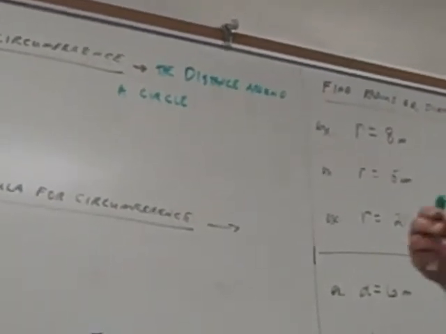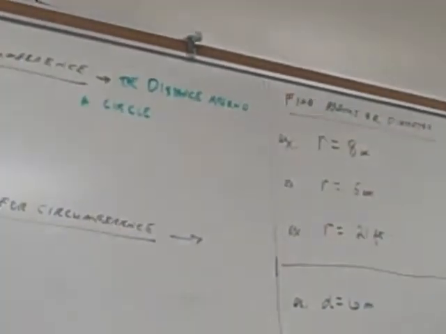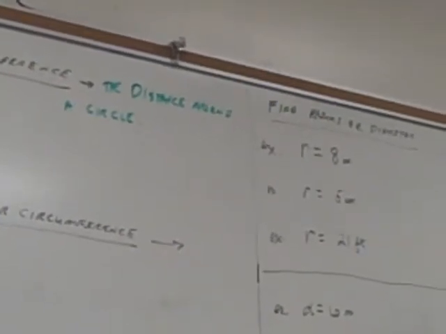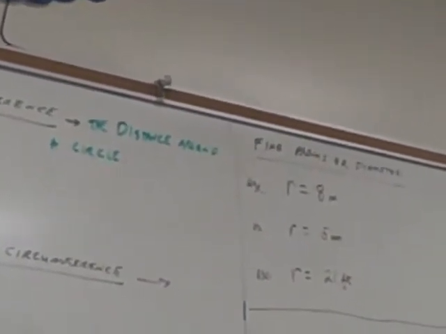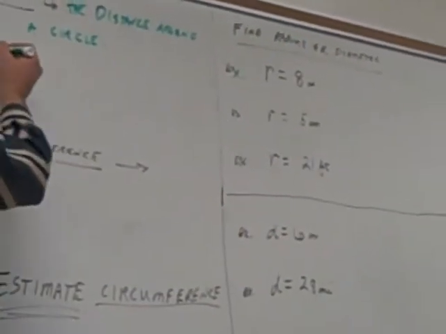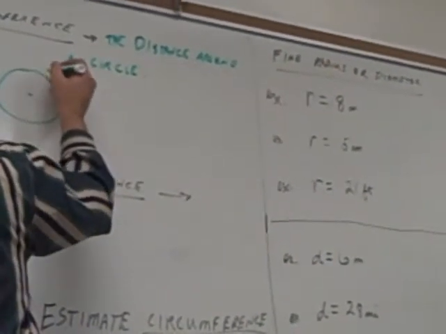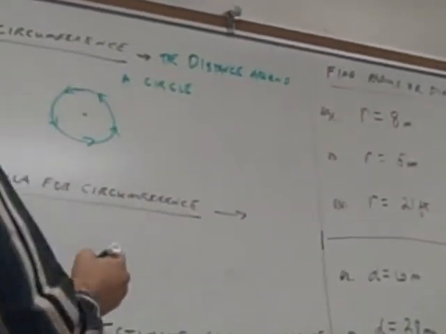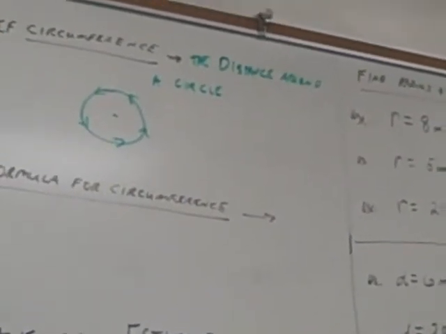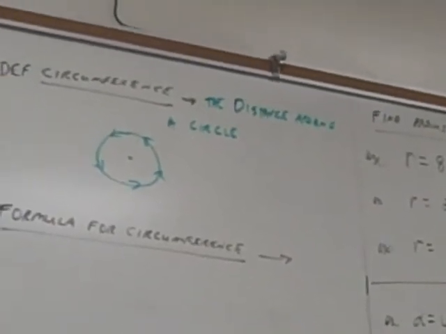And our formula that mathematicians came up with for perimeter is add all the sides. Well, if I'm going to go distance around a circle, can I add up the sides? There's no sides to add.